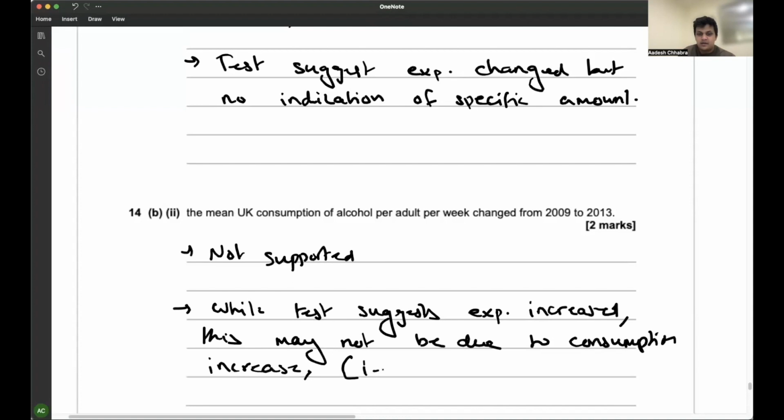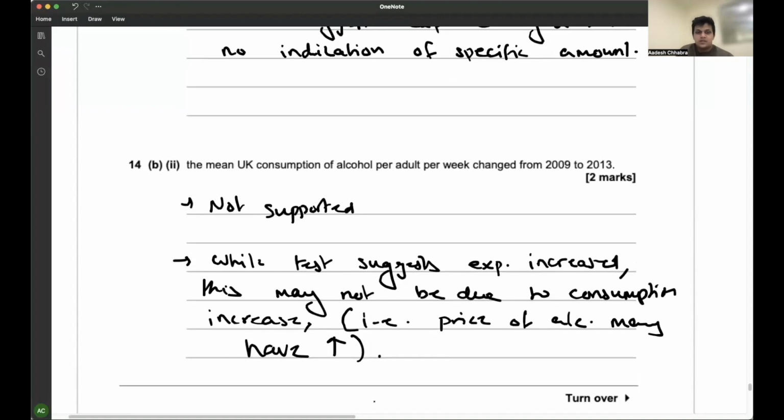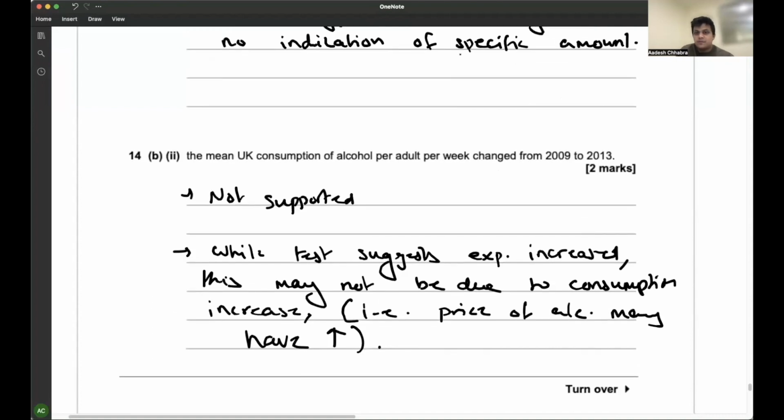I.e. the price of alcohol might have gone up, for example. Okay, so that is this part done as well.